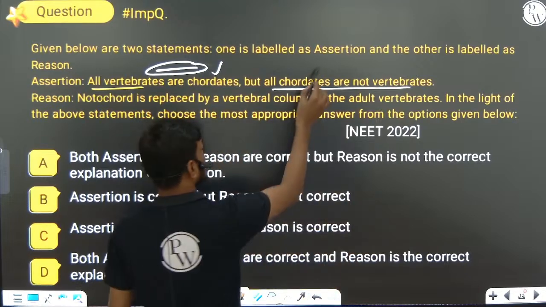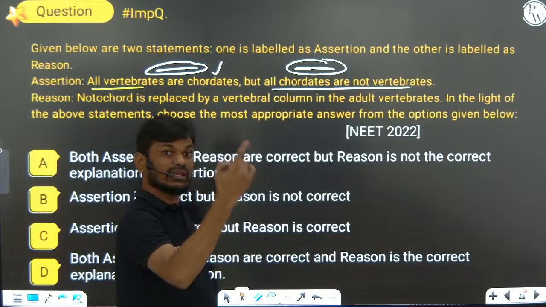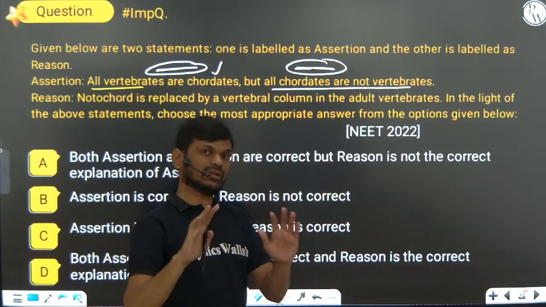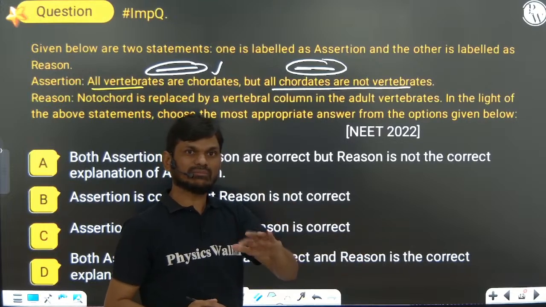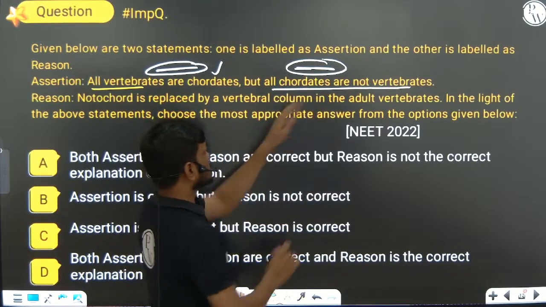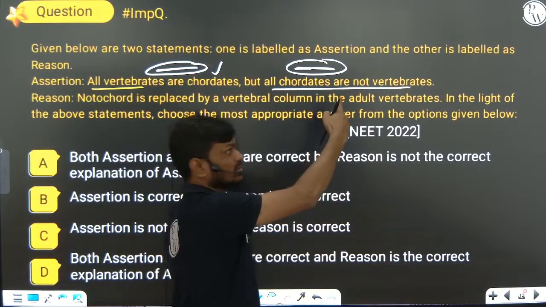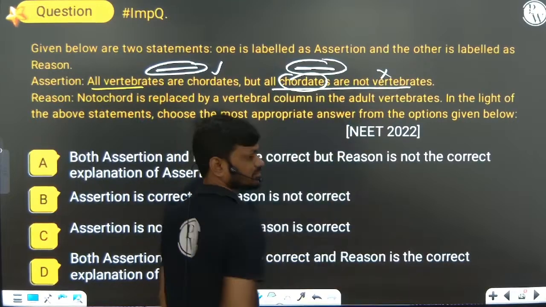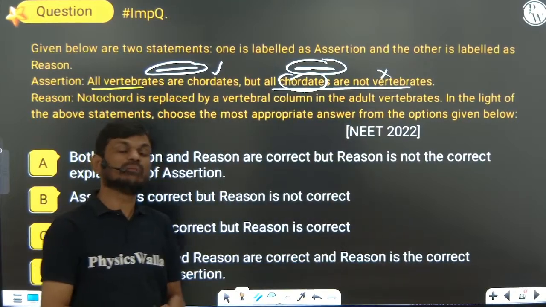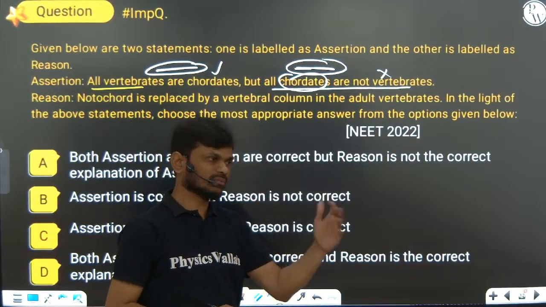In a chordate, a notochord is present at some point in its life, either in the larval form or the adult form. But in these animals the notochord is not replaced by the vertebral column. That's why they are only chordates but not vertebrates.